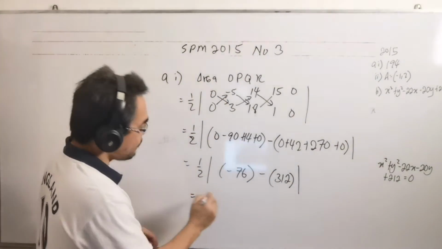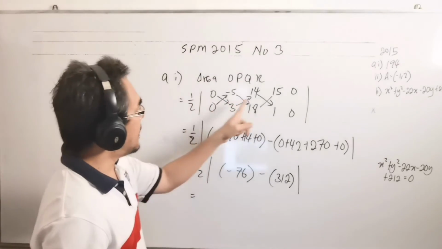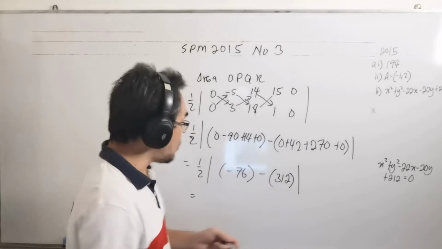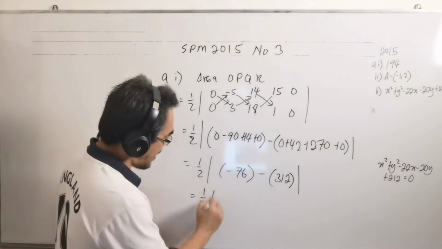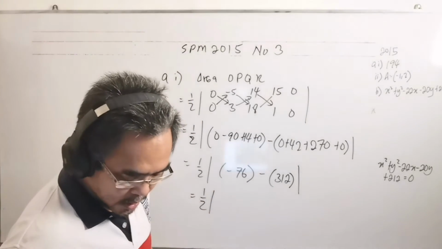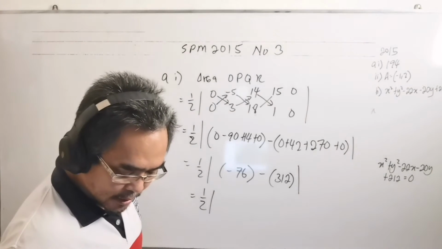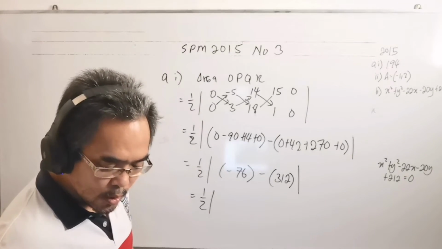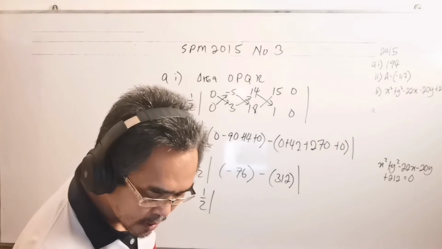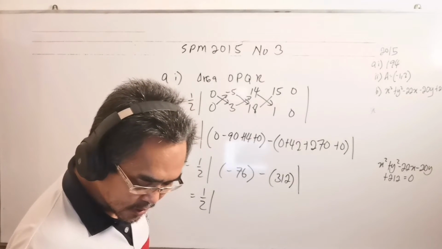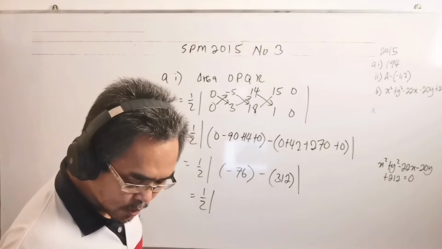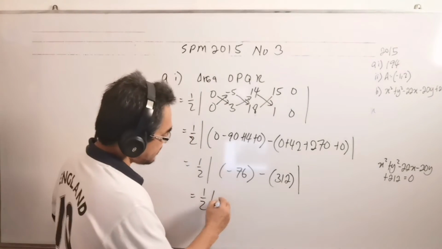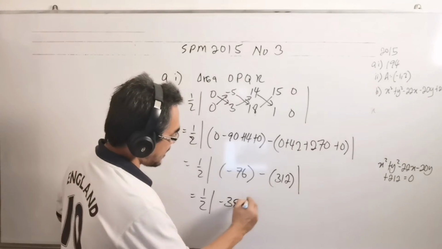Okay, so for your info, because this one we arranged in clockwise order, we are going to get a negative value. So -76, -312 is -388.